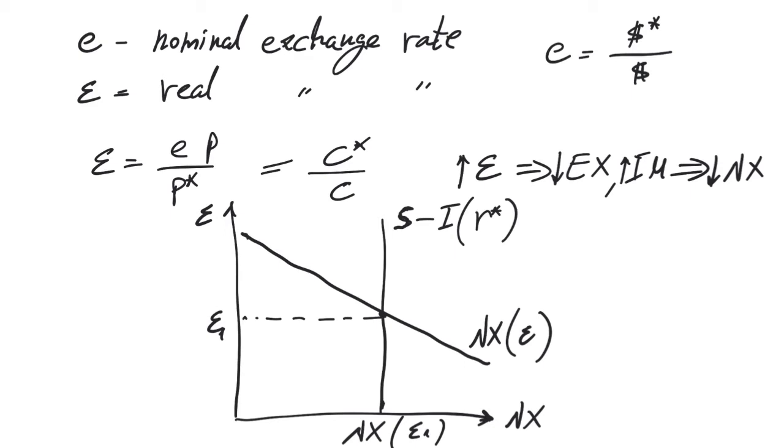So we rewrote the IS equations in terms of net exports, savings, and investment. Now net exports from the trade side is a function of the real exchange rate, and the saving minus investment is a function of the world interest rate. And so we can now look at the consequences of that for policy.